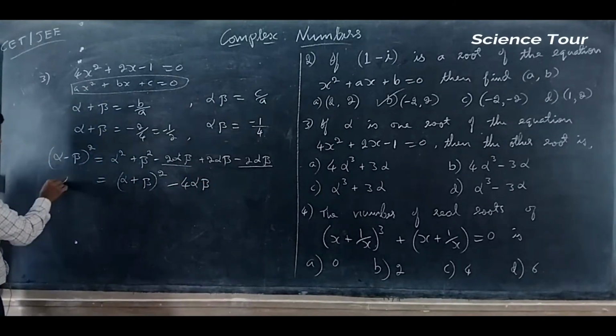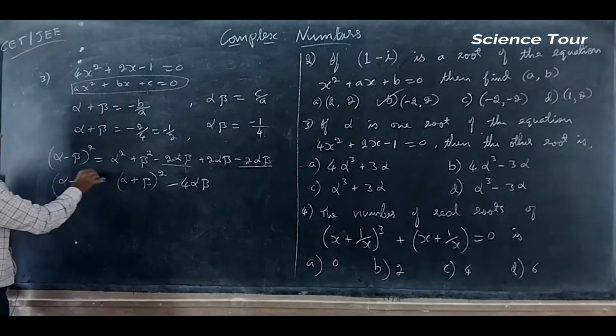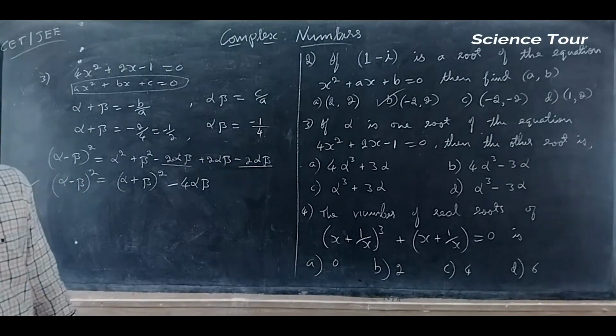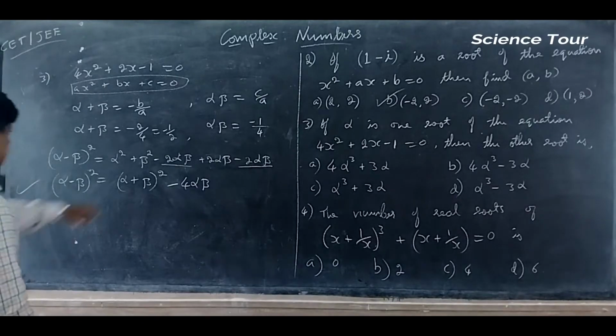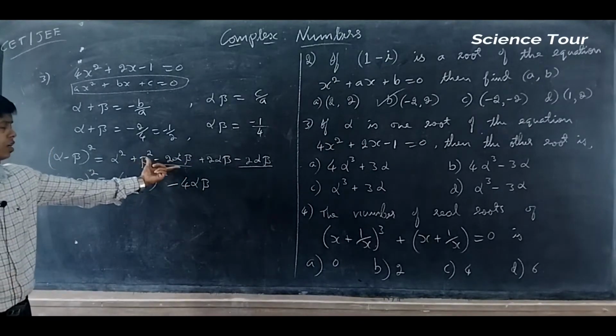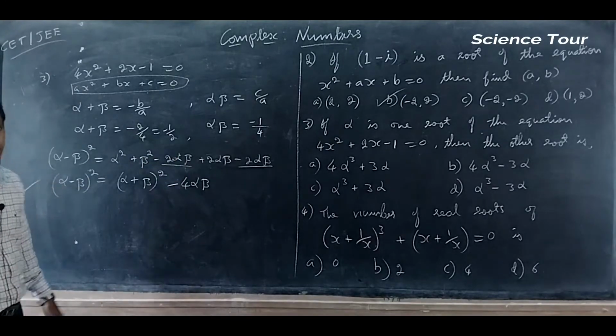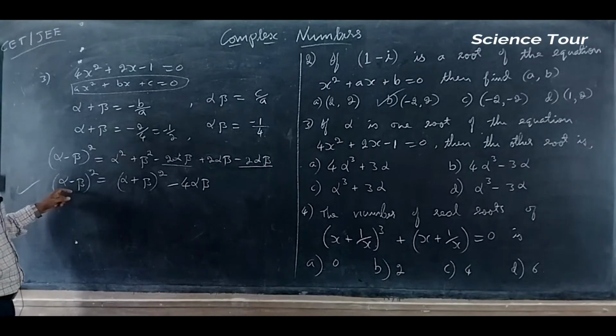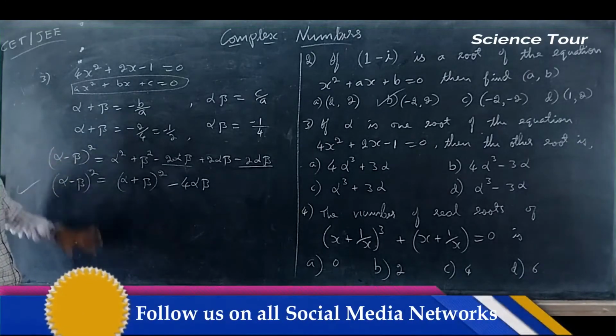So this is a formula, remember this. Or remember the way how to get it, even that is fine. Well, now what I'm trying to do here is getting alpha minus beta; with alpha plus beta and alpha minus beta, getting alpha and beta will be easier for us.